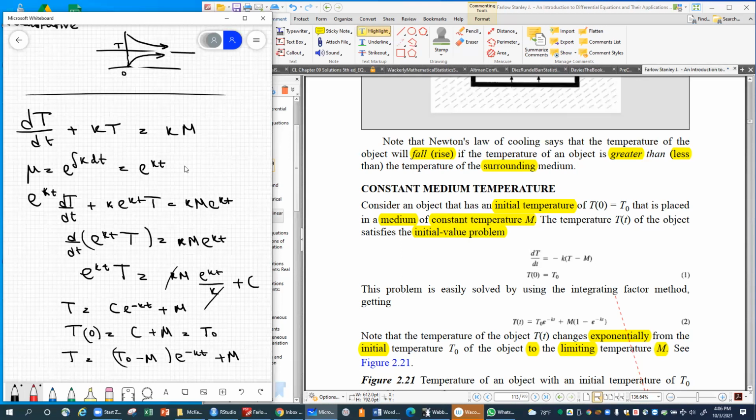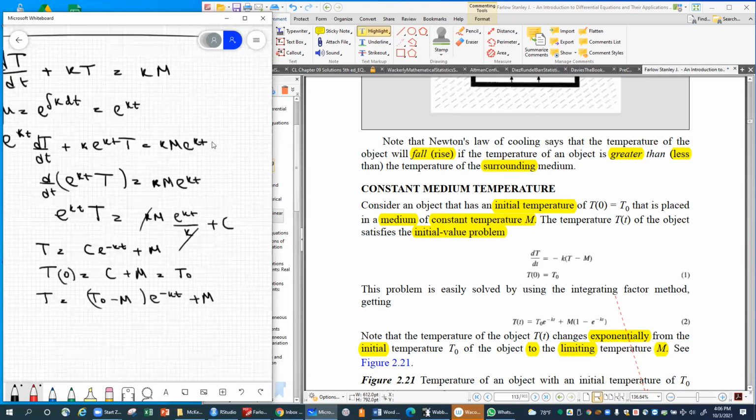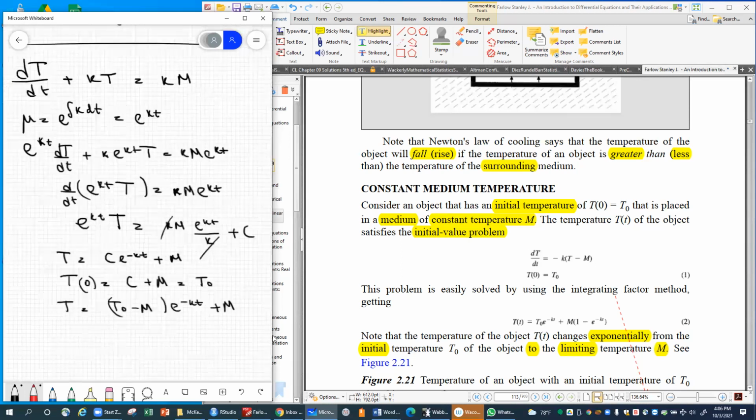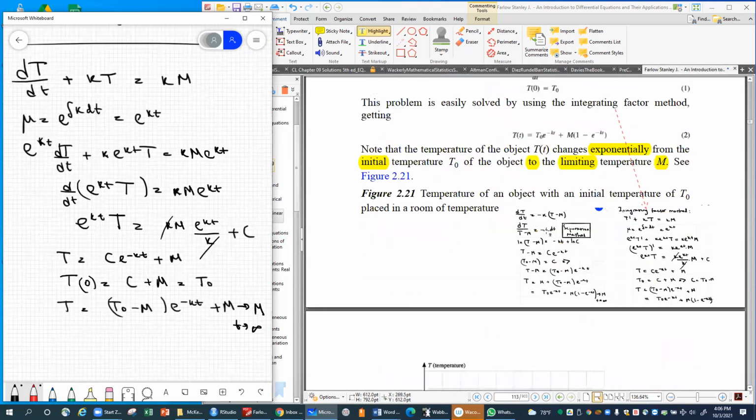That, by the way, should convince us right away that this converges to M as t goes to infinity, as it should be from the graph, right? Actually, I did the linear integral; both methods work.